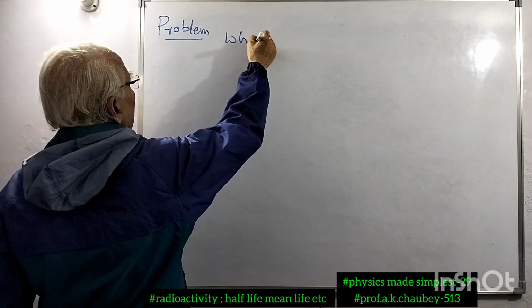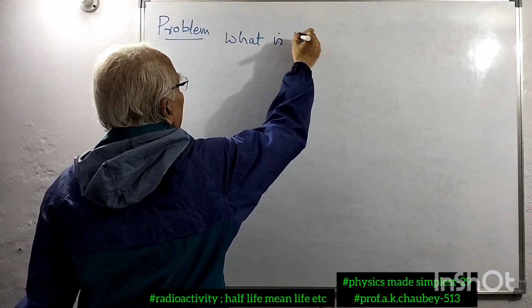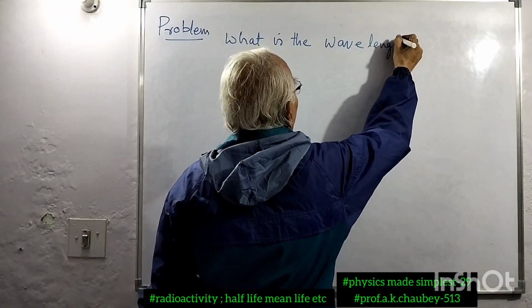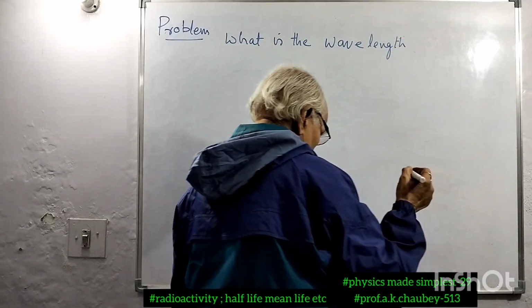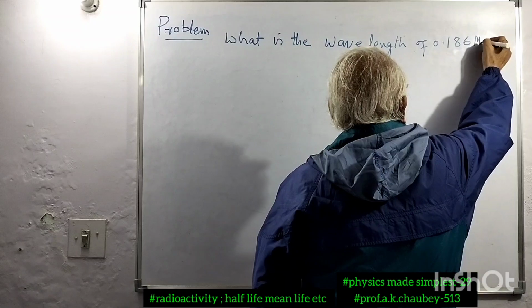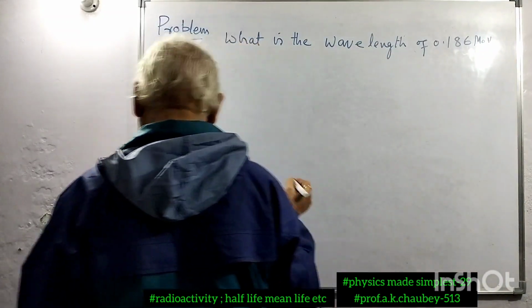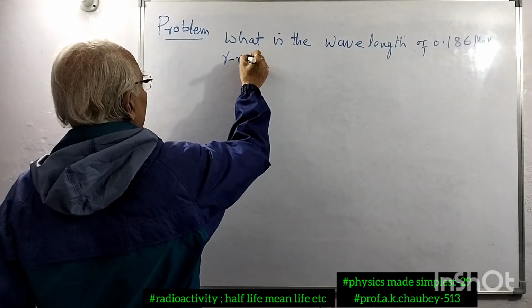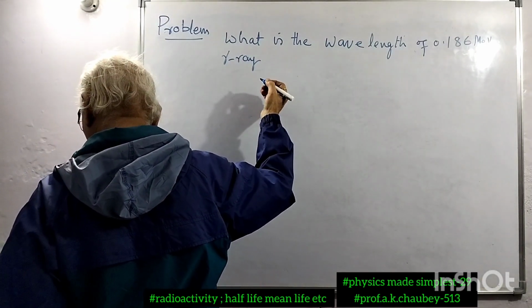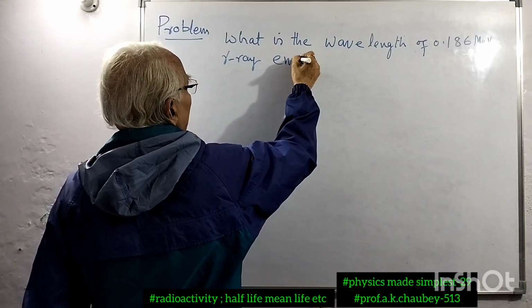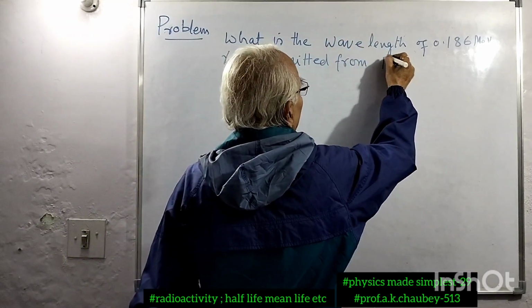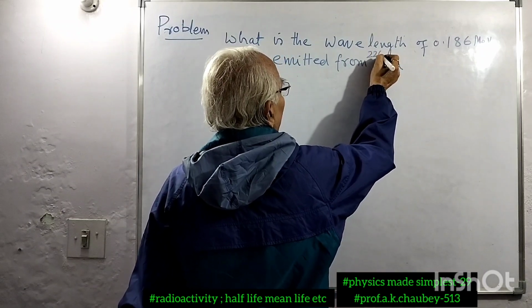What is the wavelength of a 0.186 MeV gamma ray emitted from, say, some radioactive radium-226?